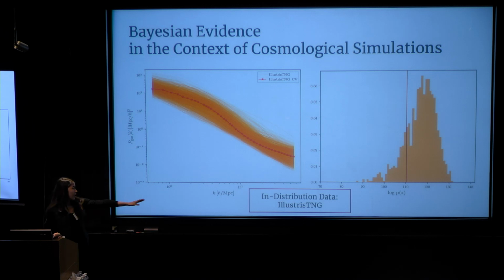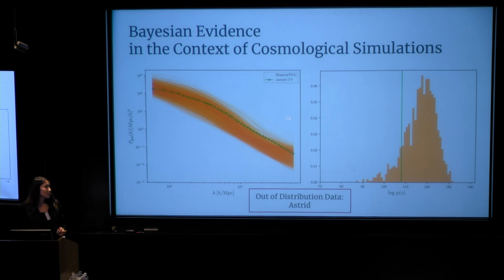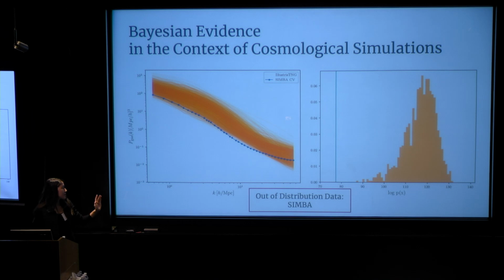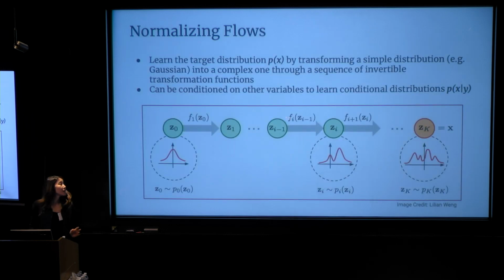And we can take a look at how the probability of that data point relates to the overall probability of the distribution. And then for an example of out-of-distribution data, this could be, for example, a power spectrum of gas from the Astrid simulations or from the Simba simulations. And we can compare the evidence of these data points to the evidence of the data points from the IllustrisTNG simulations. So once again, as I mentioned, we're using normalizing flows in order to estimate the evidence.